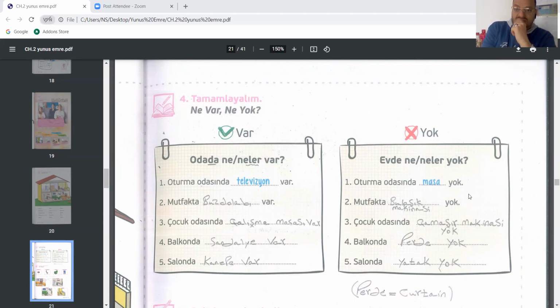Oturma odasında masa yok, mutfakta bulaşık makinesi yok. Bulaşık makinesi, dishwasher. Çocuk odasında çamaşır makinesi yok. Balkonda perde yok, salonda yatak yok.